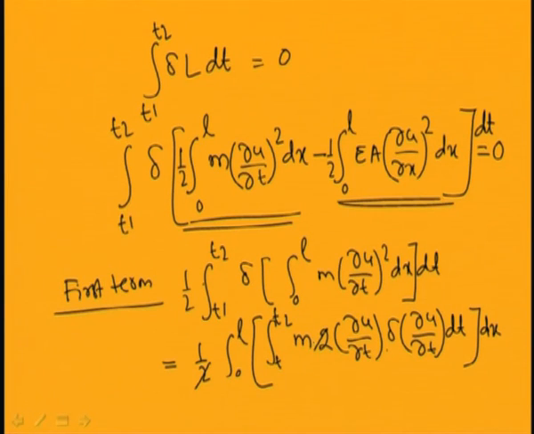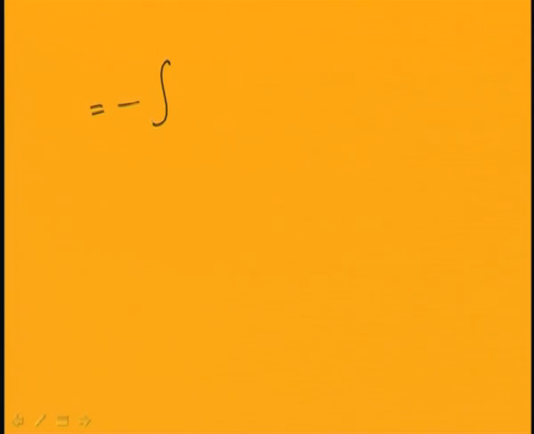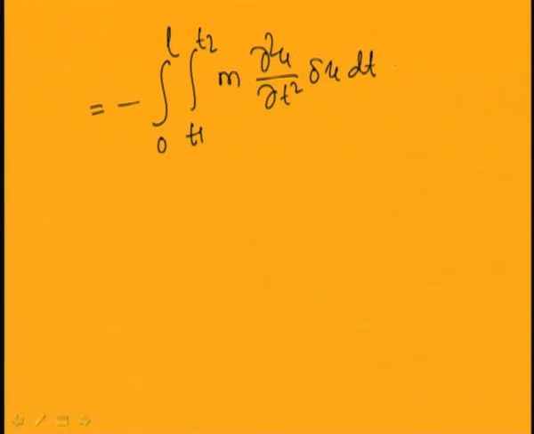Already this half and half cancelled, so the half term was not there here. So this becomes minus integral 0 to L, then T1 to T2 m del square u by del T square into del u dt and dx.